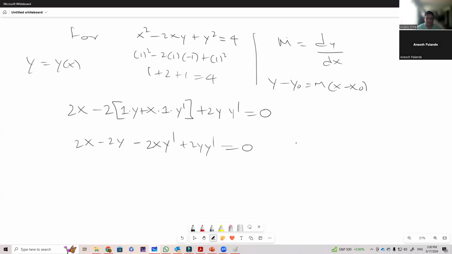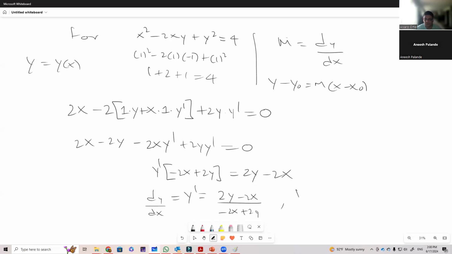Now we move the terms without y prime to the other side, so they change signs, and we factor y prime: y prime times minus 2x plus 2y equals 2y minus 2x. So y prime is 2y minus 2x over minus 2x plus 2y. And this is the derivative, this is dy/dx.